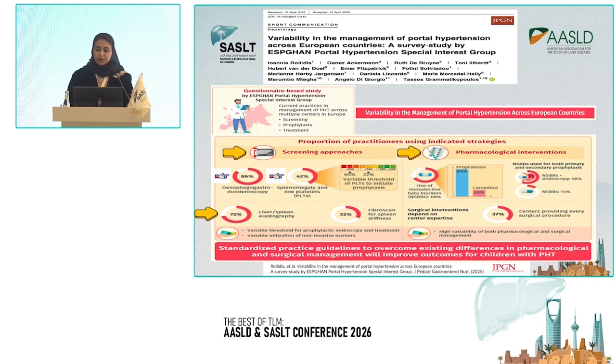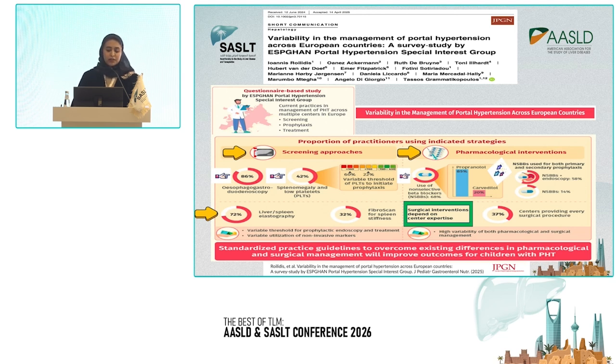Moving to the pharmacological intervention, around 68% of the patients use non-selective beta blockers. Propranolol is considered the commonest medication used, around 85%, and carvedilol 20%. And some of the physicians combine the non-selective beta blocker with endoscopy.